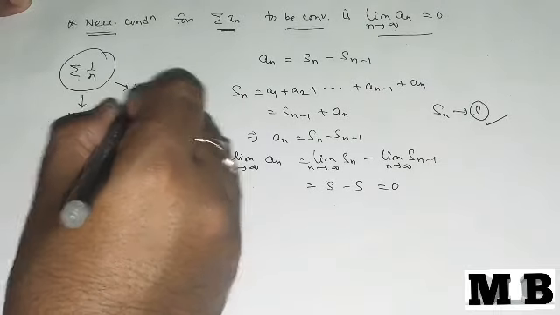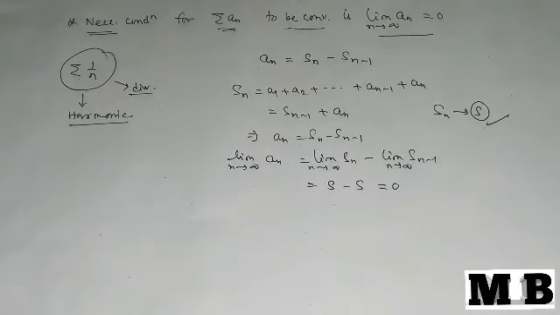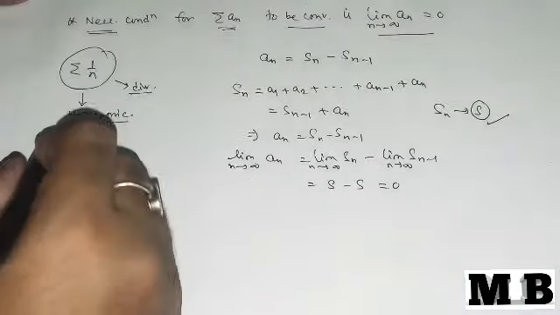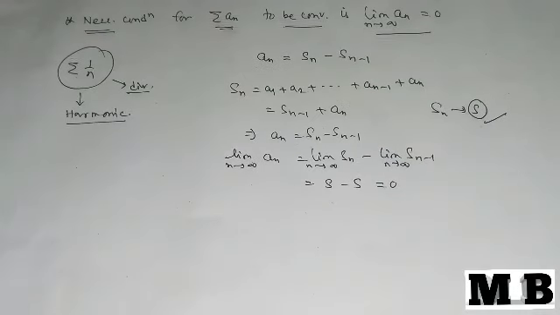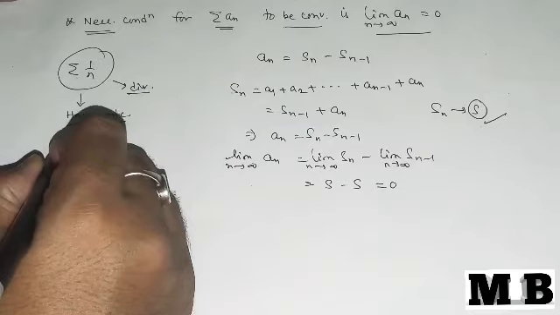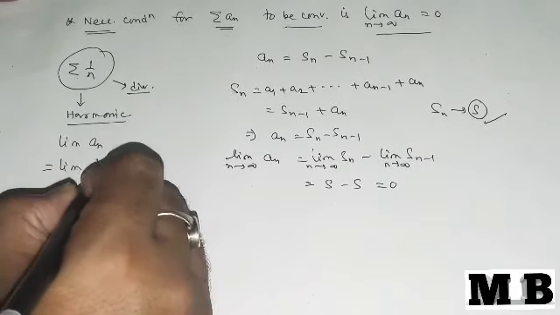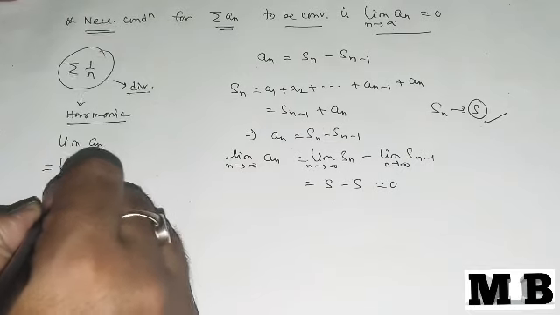We have plenty of techniques or tests by which we can show this series is divergent, and we will come to that in subsequent videos regarding the tests, so you have to wait a little bit. But we can show in this discussion that the sufficient part does not hold, because the limit of an is the limit of 1 by n, and it equals 0.